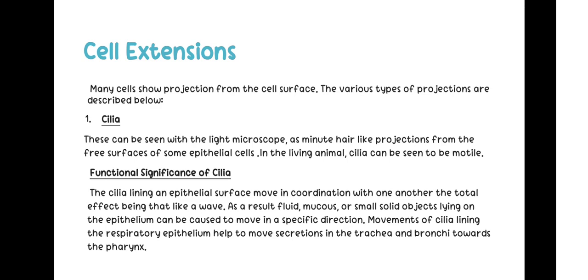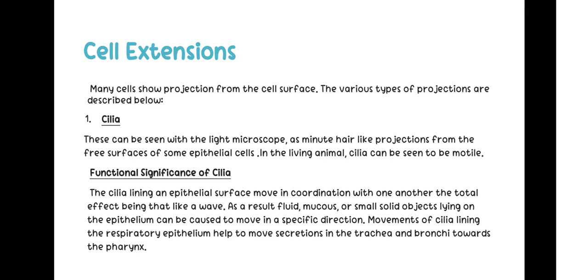Cilia can be seen with the light microscope, as minute hair-like projections from the free surface of some epithelial cells. In the living animal, cilia can be seen to be motile, which means they can move. Mainly the cilia are hair-like projections.